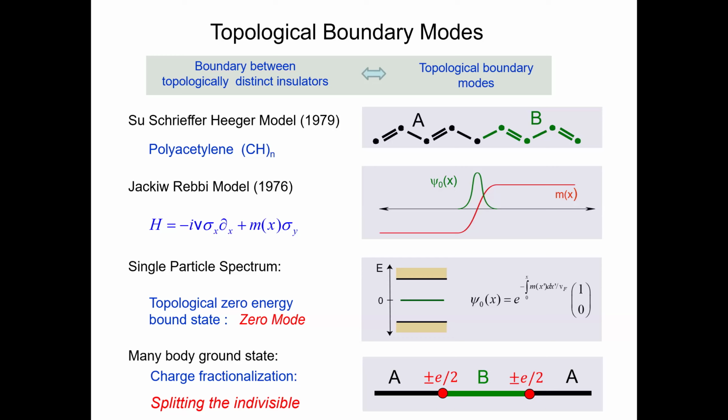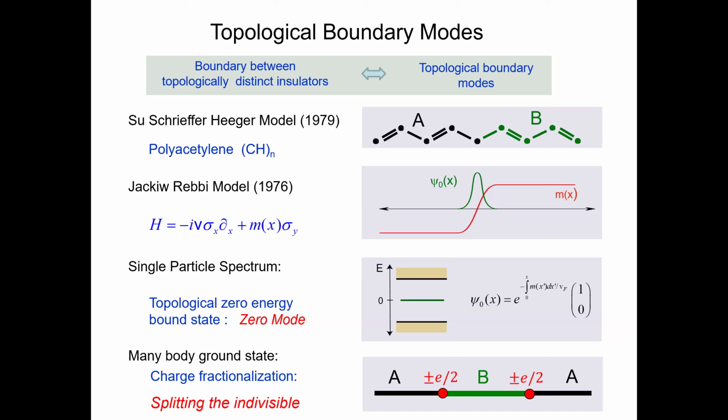Okay, so we can understand this zero mode starting from the extreme strong bonds and zero bonds. We can also understand it from the opposite limit. This phenomenon was first discovered by the field theorists Jackiw and Rebbi, who were considering a one-dimensional field theory where you have Dirac fermions with a Dirac mass that can change sign at a domain wall.